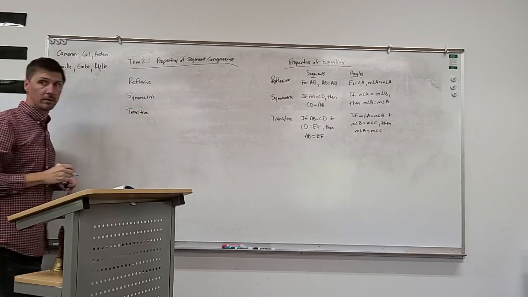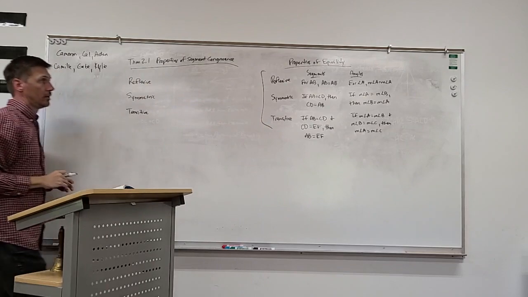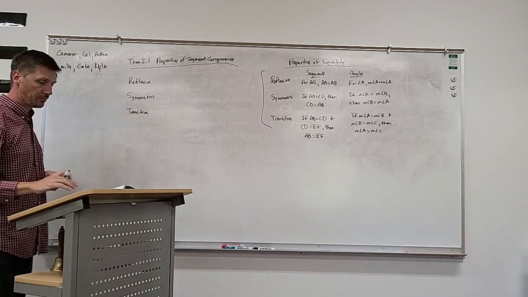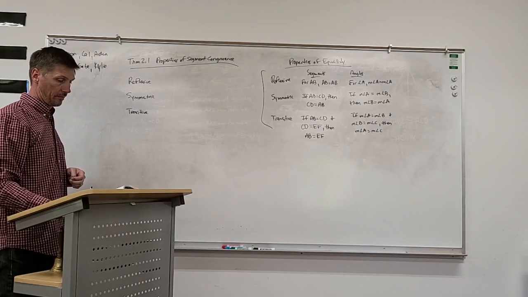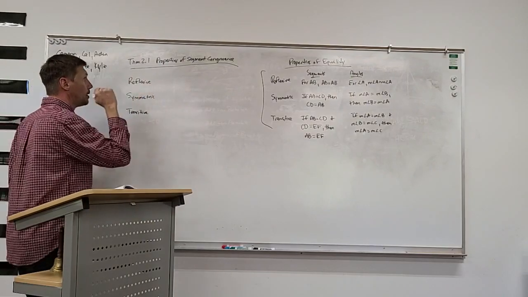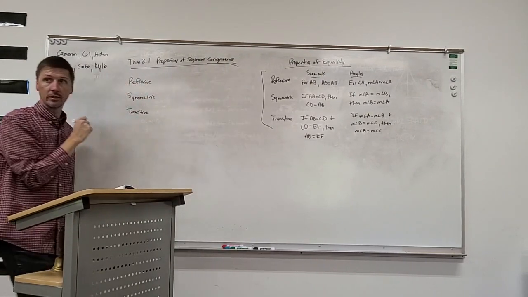Does that sound familiar? Yes, sir. That's exactly what we had over here, right? So like I said, some of these things are going to be very similar, related to one another. But here the emphasis is that we're talking about congruency.